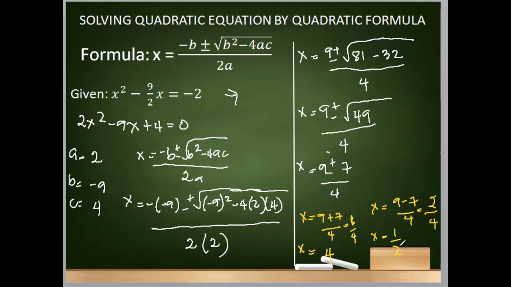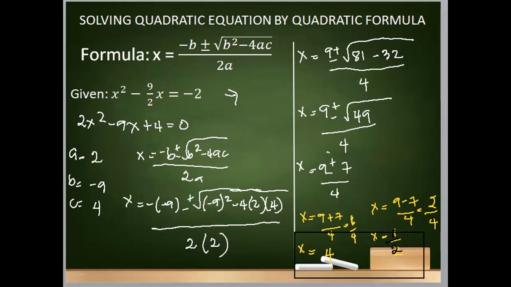That is 1 half. Okay, so the value of x na po sa ating given equation natin ay 4 and 1 half. So this is now the value of x. X is equal to 4 and x is equal to 1 half.